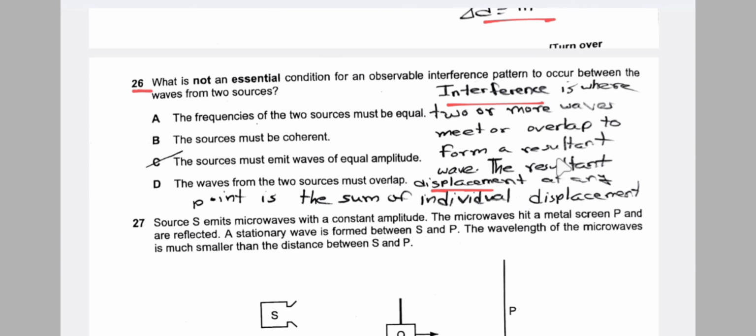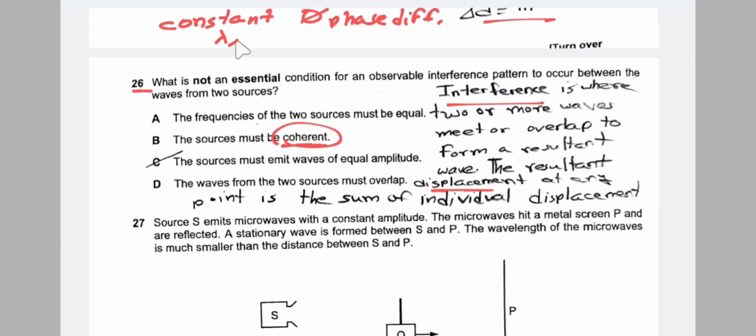For interference to occur, the sources must be coherent, and coherent means a constant phase difference. So the waves must have a constant phase difference. Also, for the waves to be coherent, they must have the same wavelength and the same frequency, and since they have a constant phase difference, the waves must be in phase.